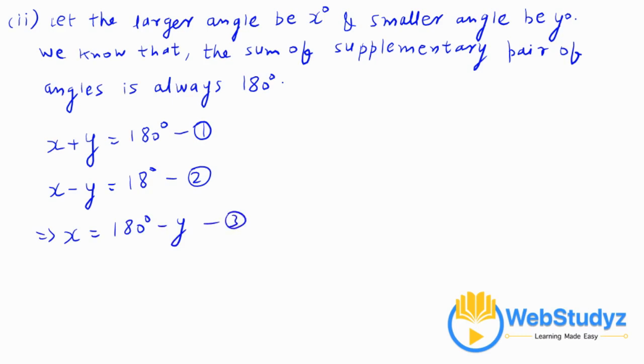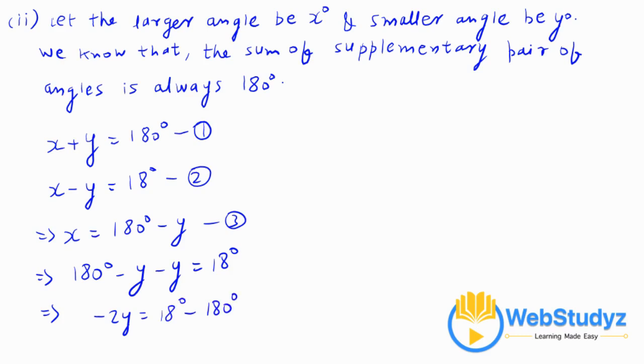Now, if we substitute the value of x into the second equation, we get 180 degree minus y minus y equals 18 degree. So from here we can write that minus 2y is equal to 18 degree minus 180 degree.